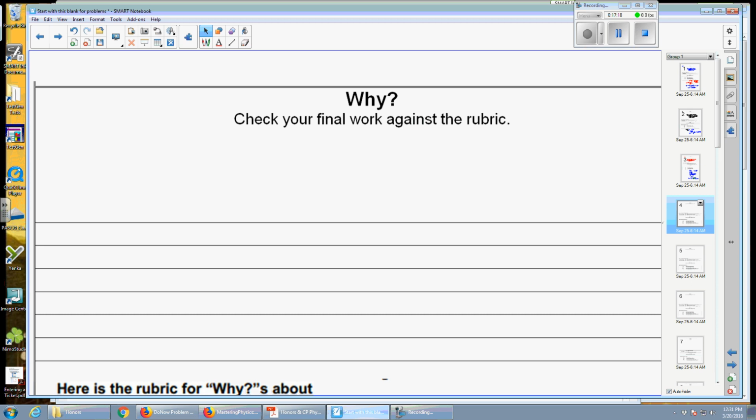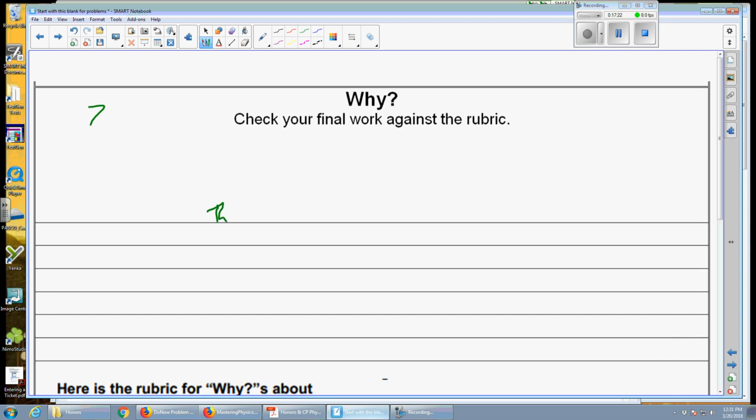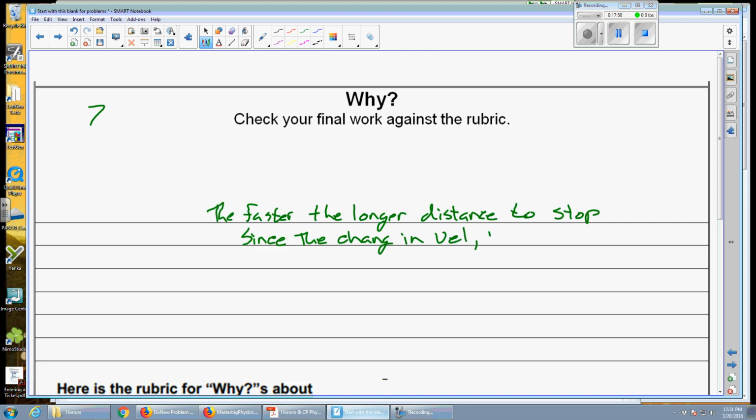So let's see. This is 7. The faster, the longer distance to stop, since the change in velocity, otherwise known as the acceleration, change in velocity is greater, but the acceleration is constant.